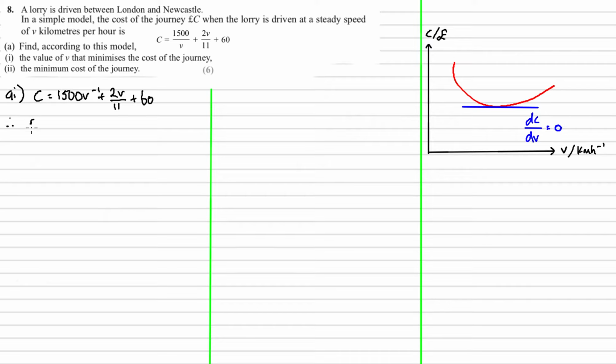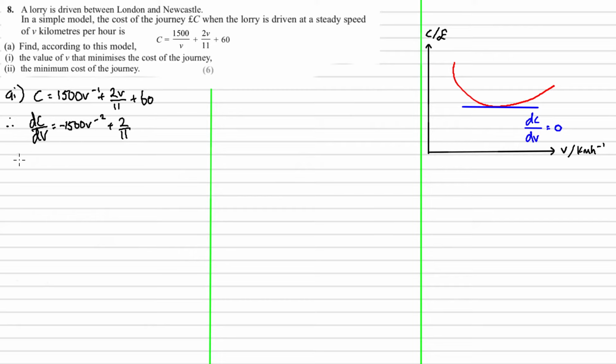I can now therefore say that dc by dv, differentiating with respect to v, times by the power and minus 1 from the power, so we have minus 1500 v to the minus 2 plus 2 over 11. 2v over 11 differentiates to 2 over 11 and 60 differentiates to 0. Constants will always differentiate to 0.